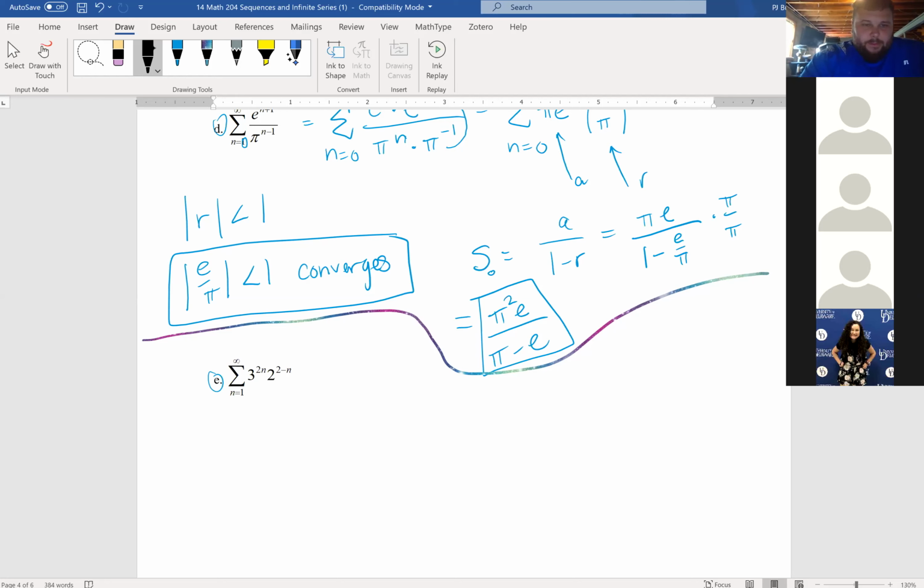So again, I need to try to get something to the power n. So I need to start breaking this thing up until I can get that. So the first thing I notice is I can make this 2 squared times 2 to the -n.